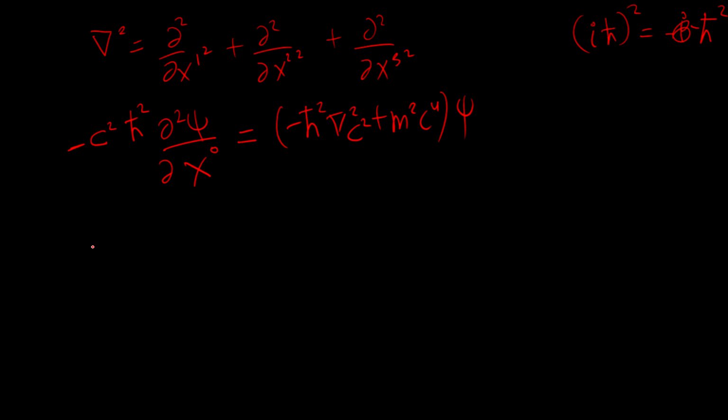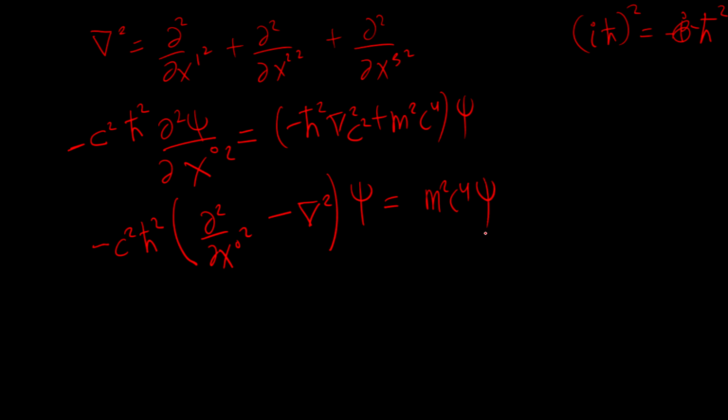So we get minus c square h cross square as common, and this will be d2 over dx naught square plus, with a minus sign, del square, acting on psi, gives you m square c power 4.